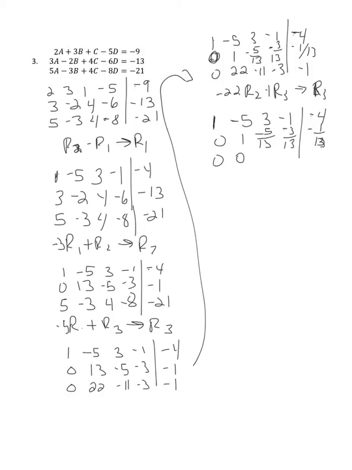So I would just put that in my calculator. -22 times -5/13 plus -11 is -33/13. Okay, then I need -22 times this plus -3. So -22 times -3/13 plus -3 is 27/13. Just do that on your calculator. Okay, then I need -22 times -1/13 plus -1. Doing that on my calculator, it's 9/13.